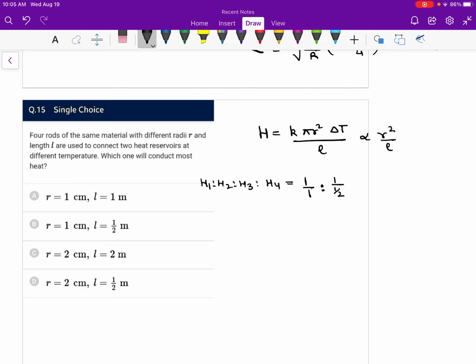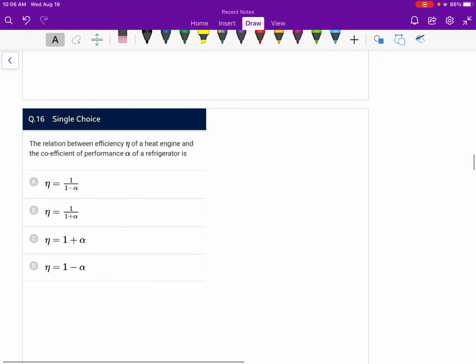So 1 by 1 is to 4 upon 2 is to 4 upon half. So H4 is greatest. D is the correct option.